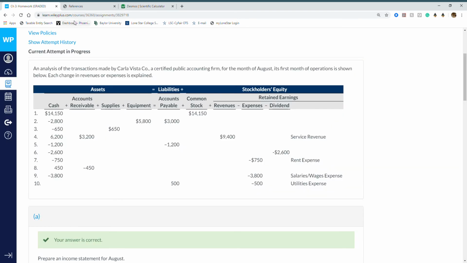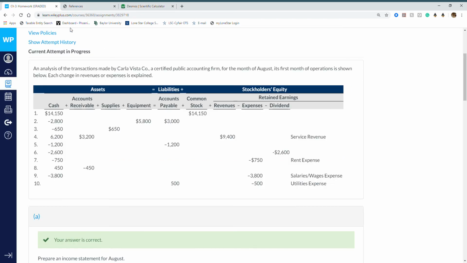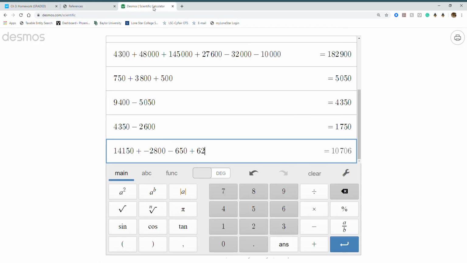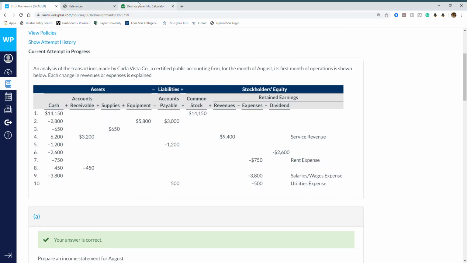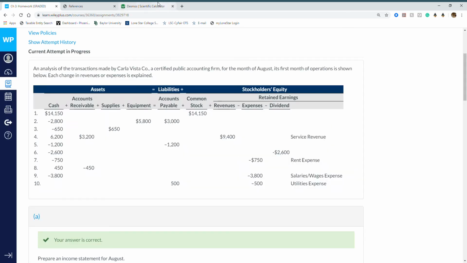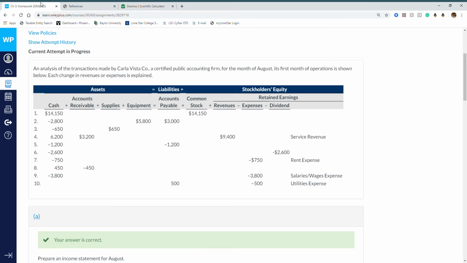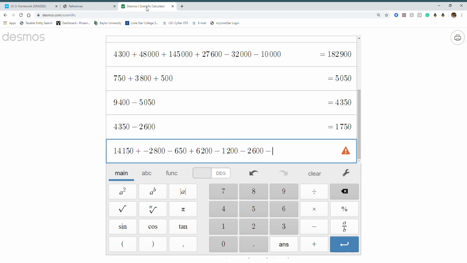Okay, minus $650, plus $6,200, minus $1,200. Minus $2,600. $750.